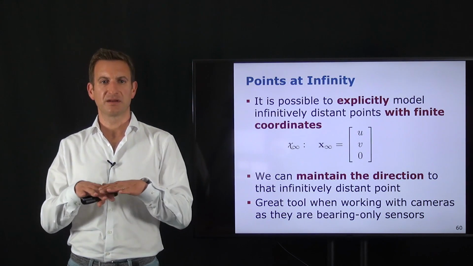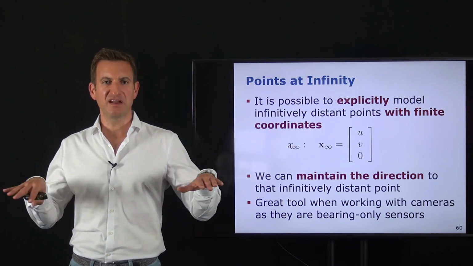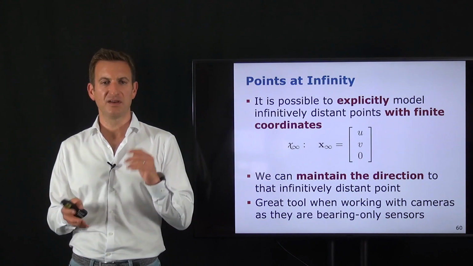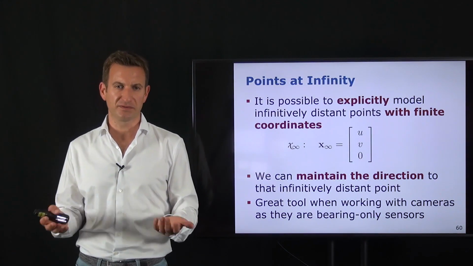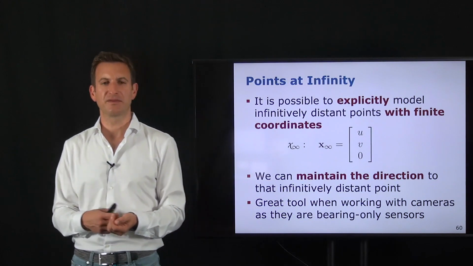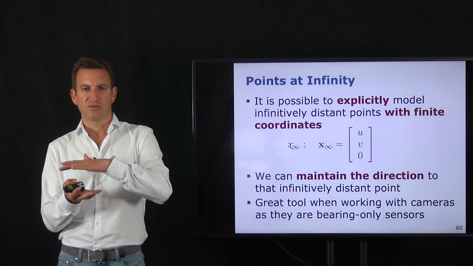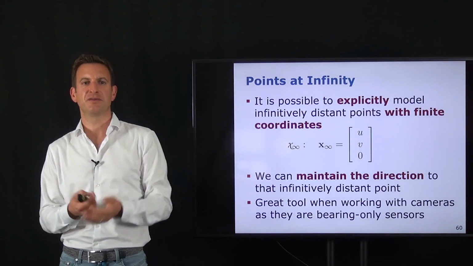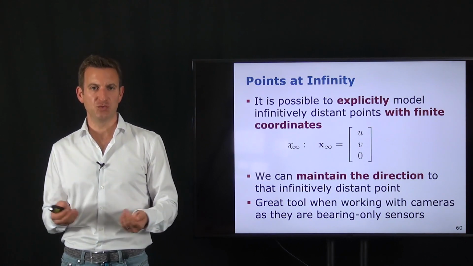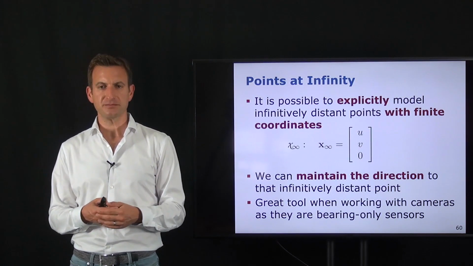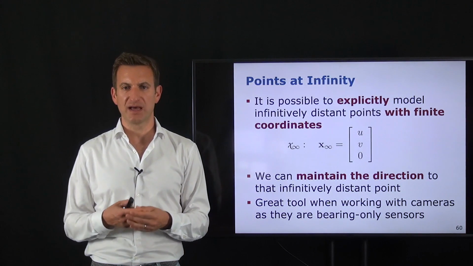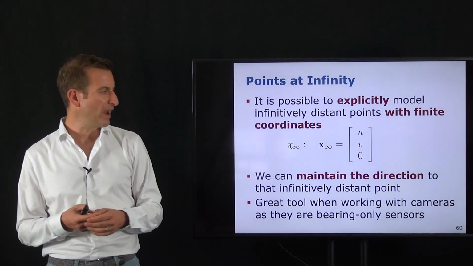So this was the z equals 0 plane in the visualization that I had before, the third component. It's not actually the z component, but the third component. And this was a plane which was parallel to the Euclidean R2 plane in this illustration. And these were the points which lie infinitely far away.